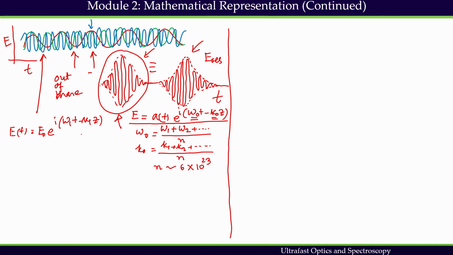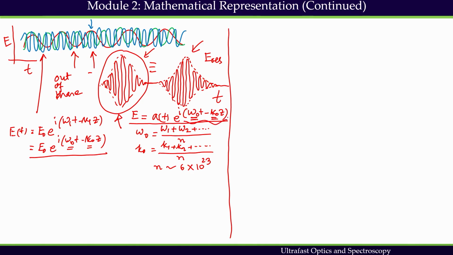To avoid confusion, sometimes we also write it as e to the power i(omega naught t minus k naught z).